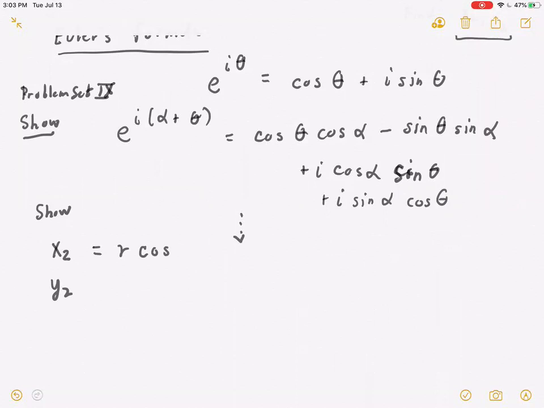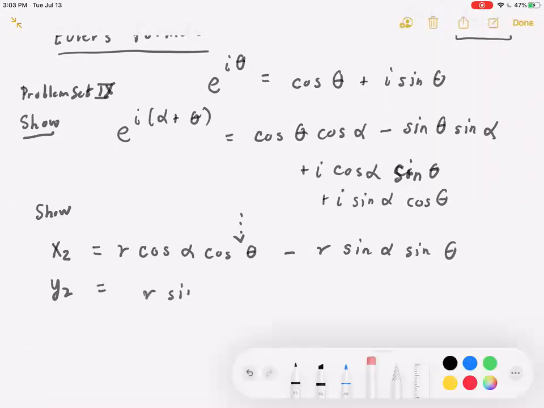The result is that x sub 2 will be r times cosine of alpha, cosine of theta, minus r sine alpha sine theta, and y sub 2 will be r sine, let's write this in a slightly different form. So it has some similarity with the previous one.